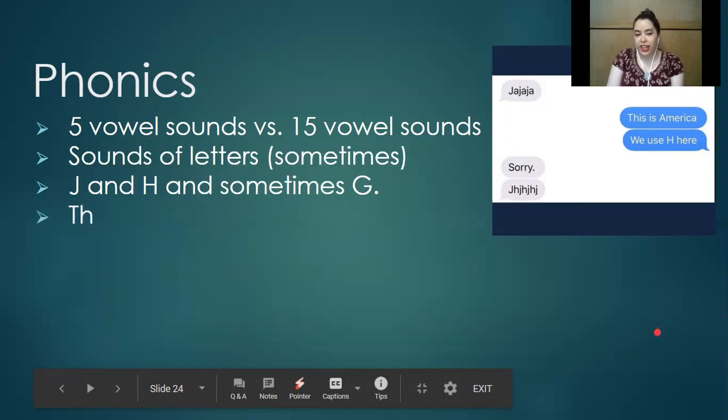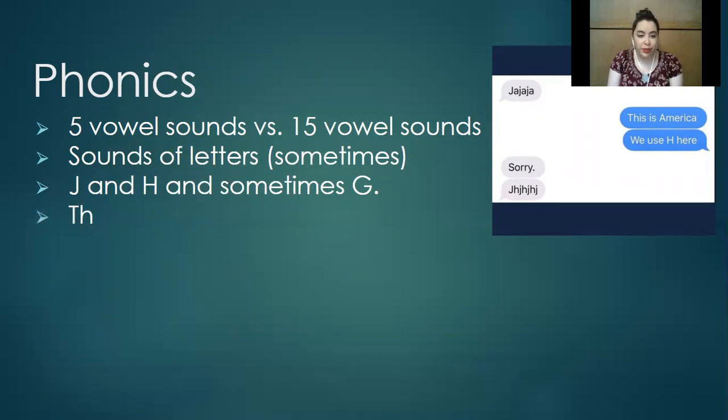The TH sound doesn't really exist in Spanish, so this can be very difficult for them to pronounce. One tip I learned from one of my coworkers actually is to teach them how to pronounce this sound. It might be helpful to have them stick their tongue all the way out and then try to say the word.